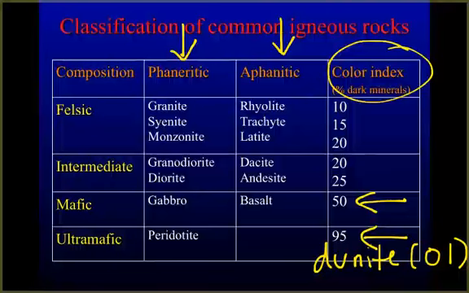So that can be misleading in that respect. But otherwise, you kind of see where I'm going with this. Now, it's a little bit trickier with the volcanic rocks. Basalts generally are black, but they can weather to red colors.